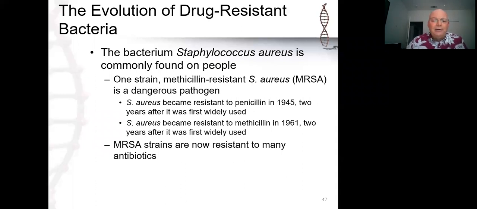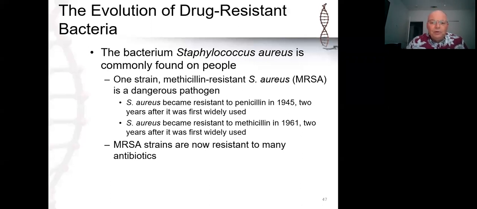But it's only a matter of time and exposure until one of the spontaneously occurring mutations that occur all the time will actually give a bacterium resistance to an antibiotic. It may be complete resistance, it may be a limited resistance, but nonetheless, it starts to give the bacteria resistance to the antibiotic. And that antibiotic now becomes less effective.